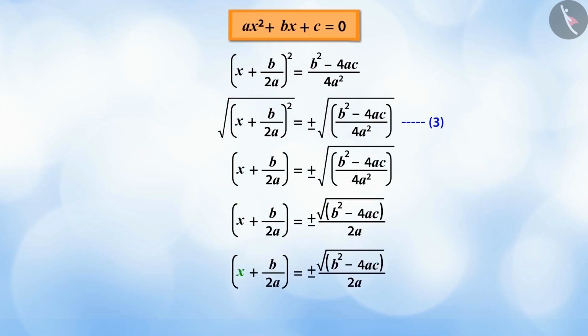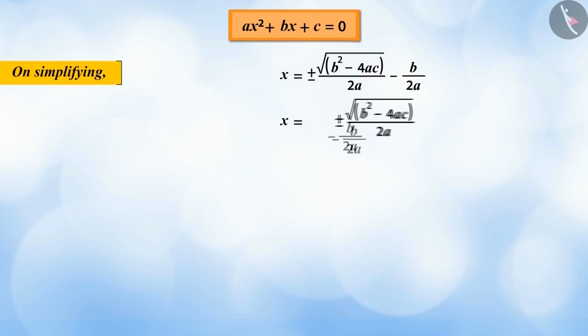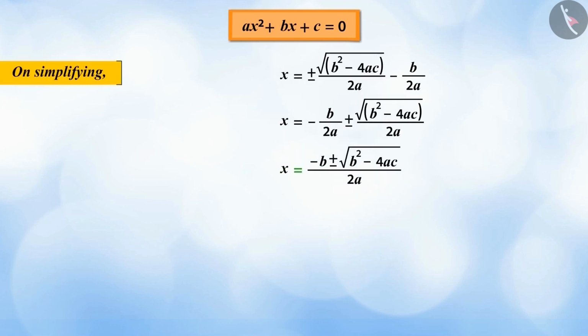Now keeping the variable x on the left, the constant term b over 2a is moved to the right side. On simplifying this, we can see that we get x is equal to minus b plus or minus root of b square minus 4ac by 2a, which is represented in equation 4.